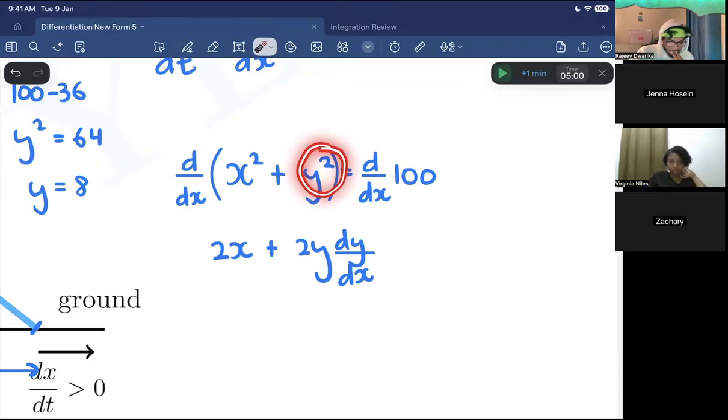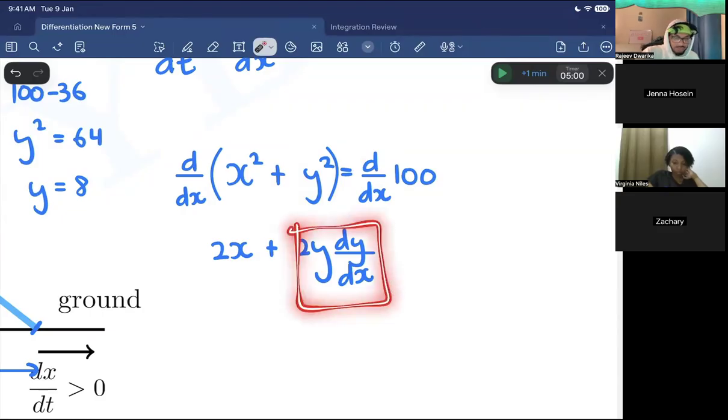It's always confused people. If I differentiate y squared with respect to x, first you differentiate y squared and get 2y. And since you're differentiating that y function with respect to x, you put back on the dy/dx. But this is the chain rule. That's all I'll tell you for now. Zachary, let me see if you understand this.